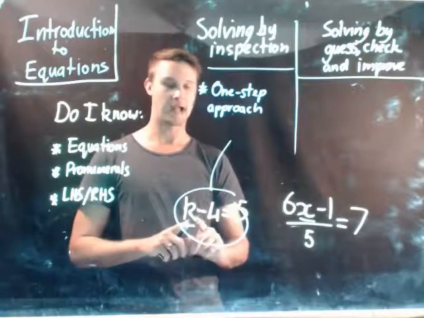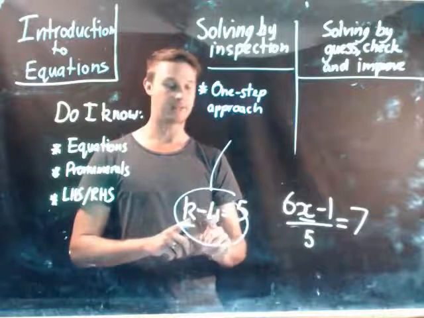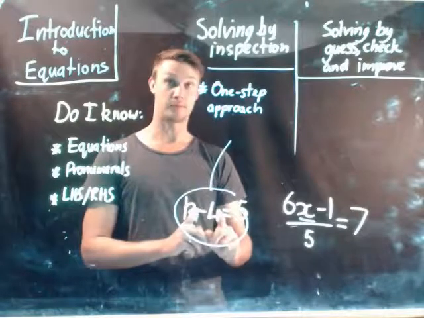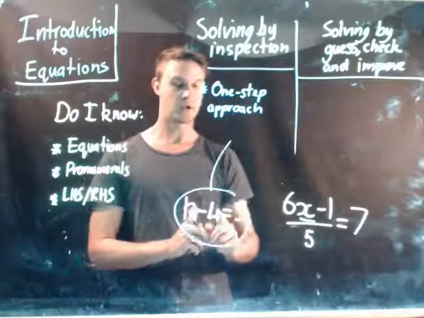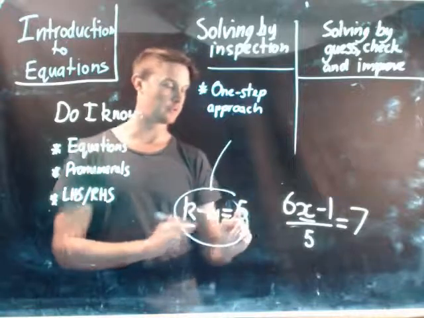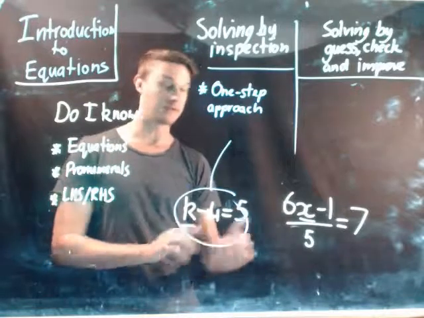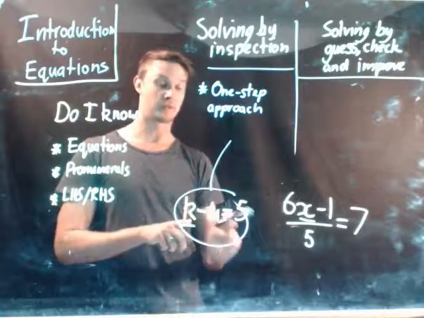So here we have k minus 4 equals 5. What if I did k, and I move this minus 4 to this side, and what you need to do is the opposite. So instead of minus 4, what if I did 5 plus 4? 5 plus 4 would equal 9. Then I can go back and check that my answer is true: 9 minus 4 equals 5.